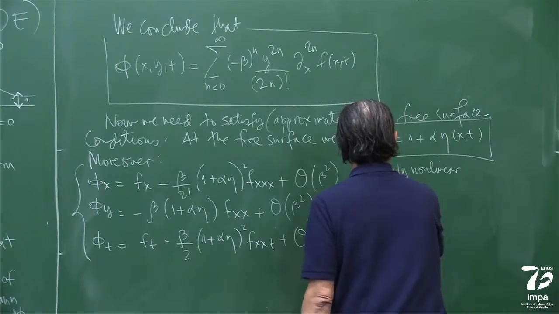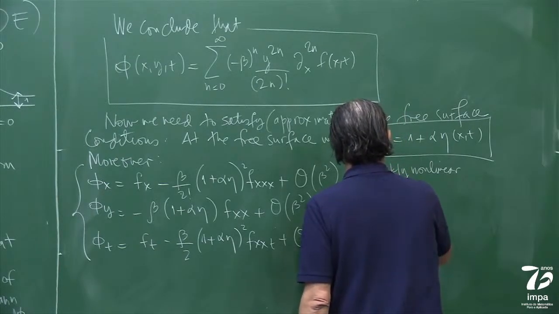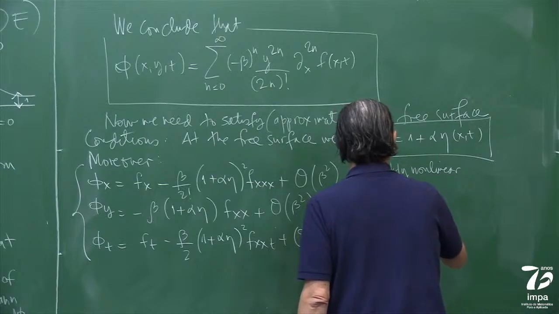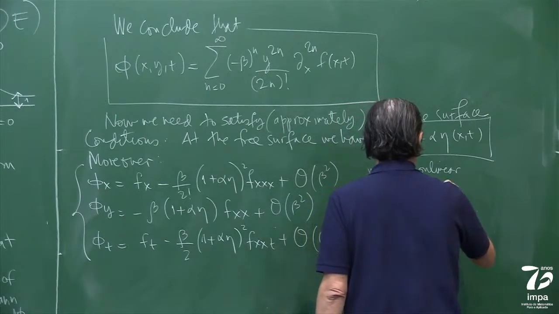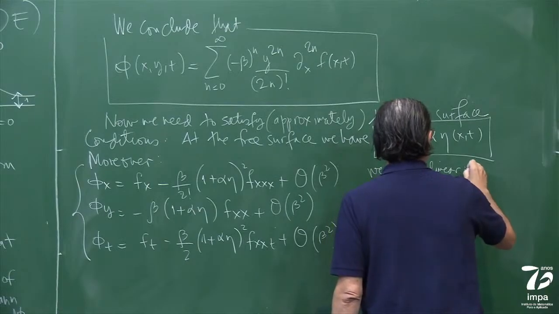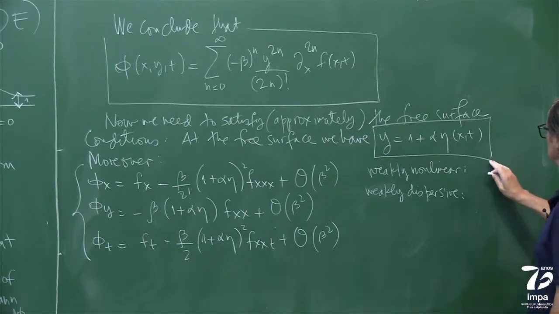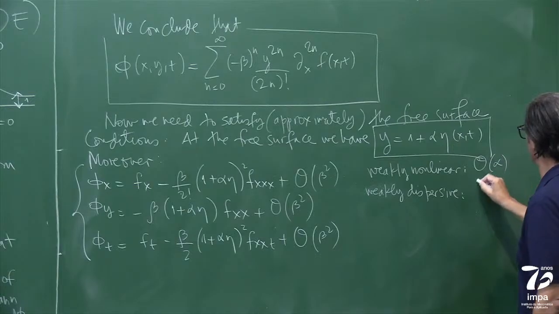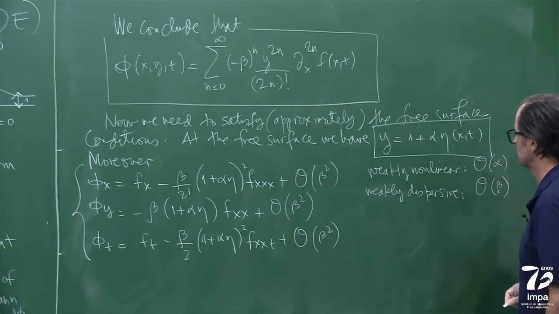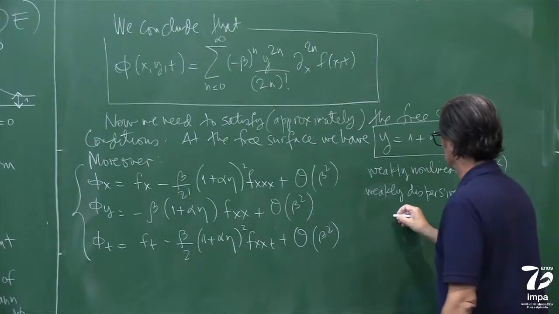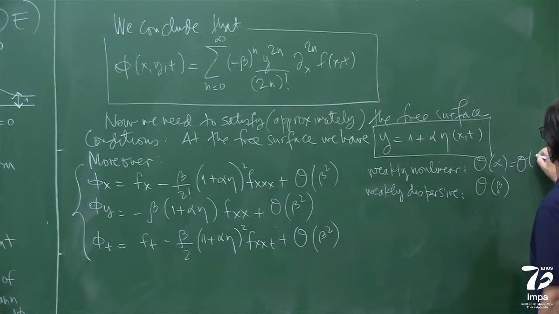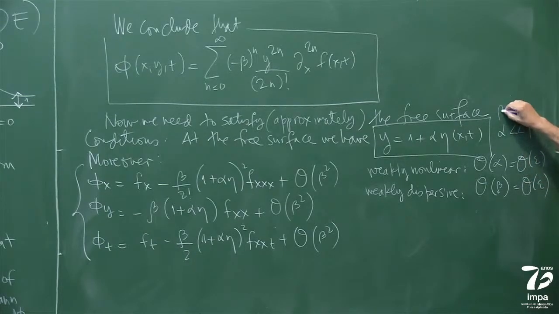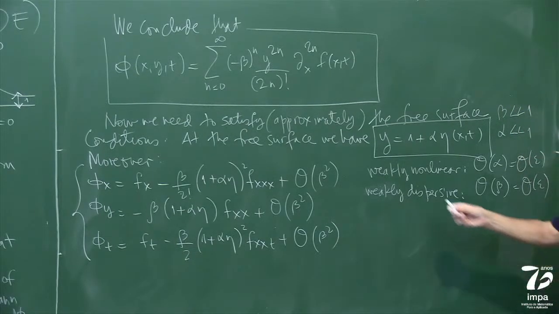Weakly nonlinear. Weakly dispersive, which means order alpha, order beta. We're going to call this order epsilon. This also order epsilon, with alpha small and beta small.